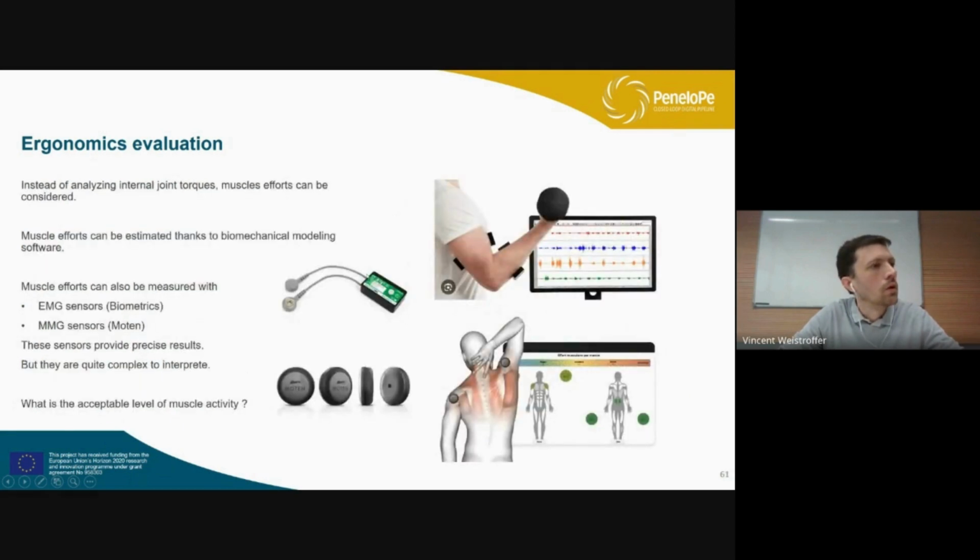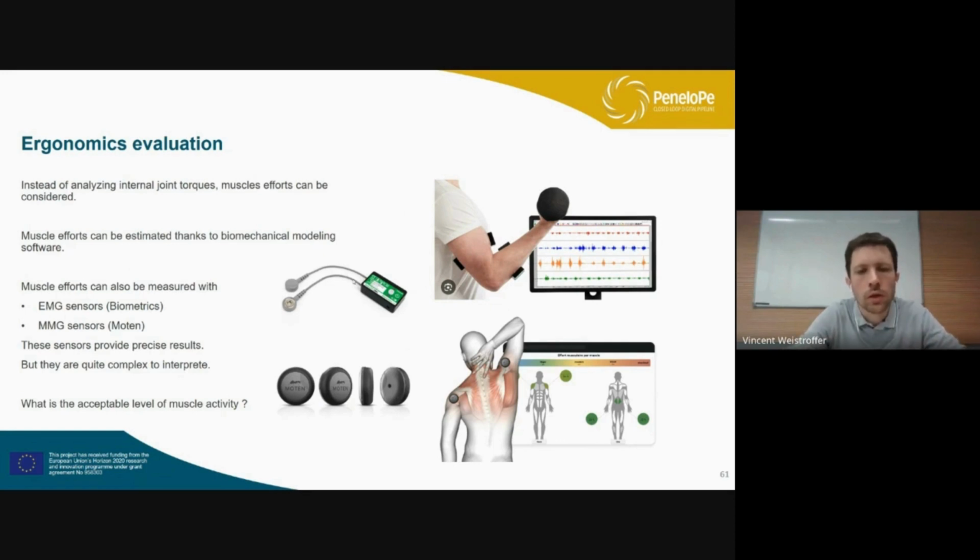One last point is that instead of analyzing internal joint torques, you may want to focus on muscle efforts rather than joint torques. This is possible, but to do that, you need to use biomechanical models with muscles, okay?